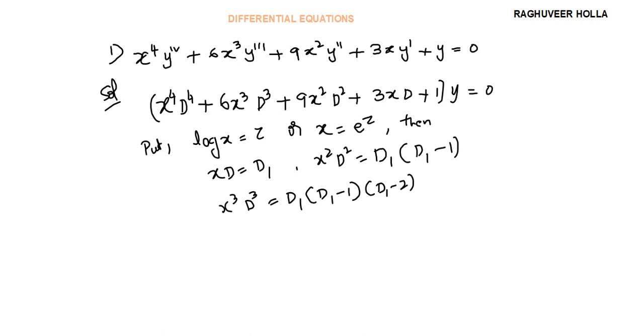Now again let me put what x power 4 d power 4 is. That would be equal to d1 into d1 minus 1, multiplied by d1 minus 2 and d1 minus 3, right?